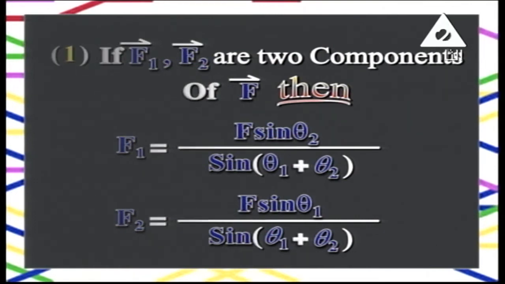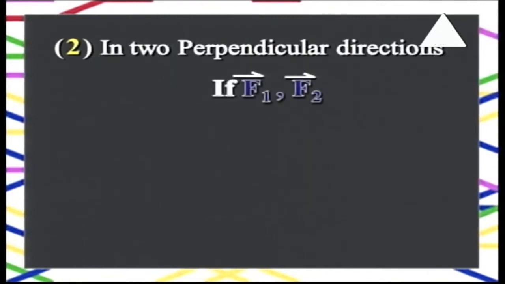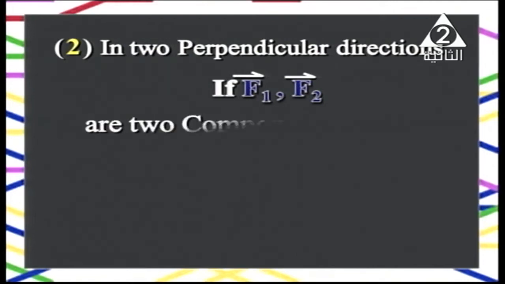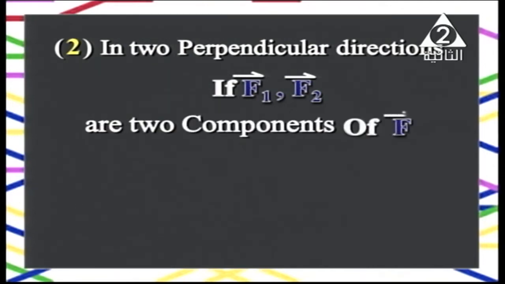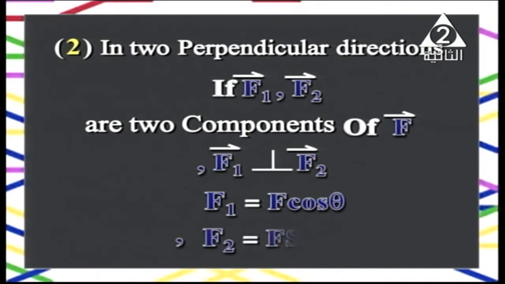My dear student, if we have two perpendicular directions, and F1, F2 are two components of F, with F1 perpendicular to F2, then F1 equals F cosine theta, but F2 equals what? Yes, F sine theta.